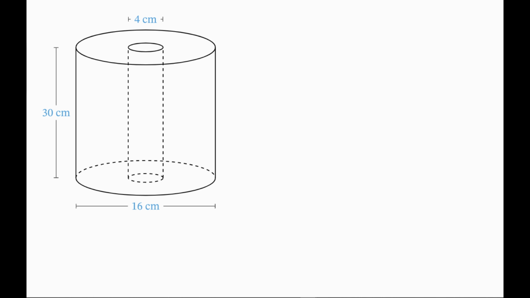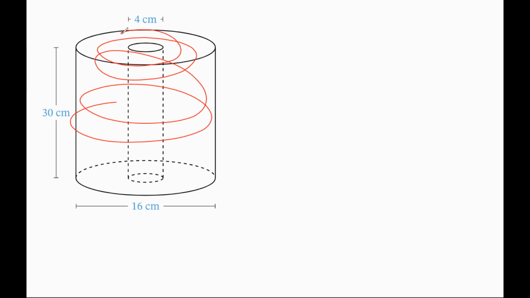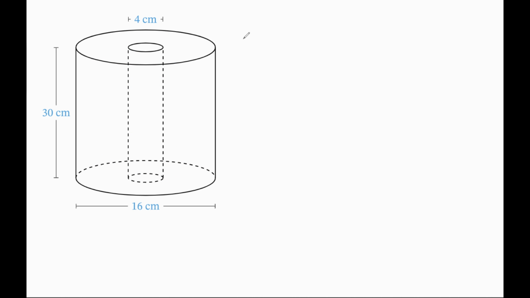Let's have a look at how we answer this one for volume, right? We need to calculate the big volume and subtract the small volume from it. And that'll always give me the volume in between, which is all the way around, right?